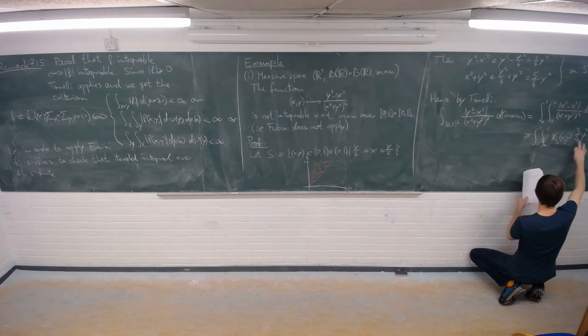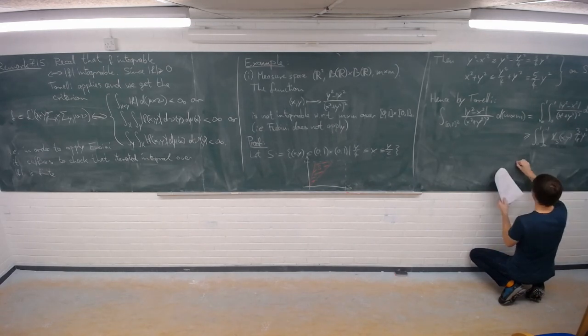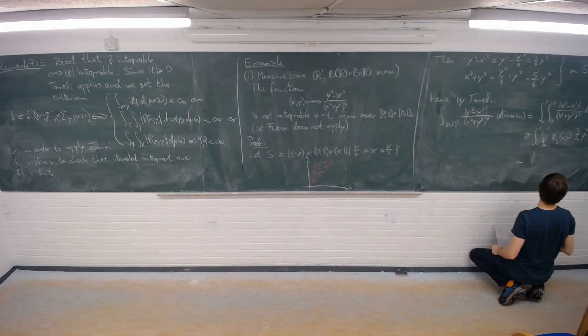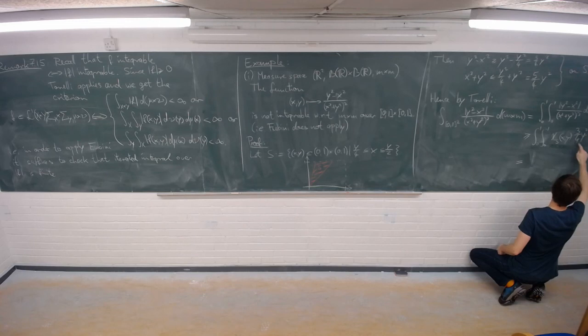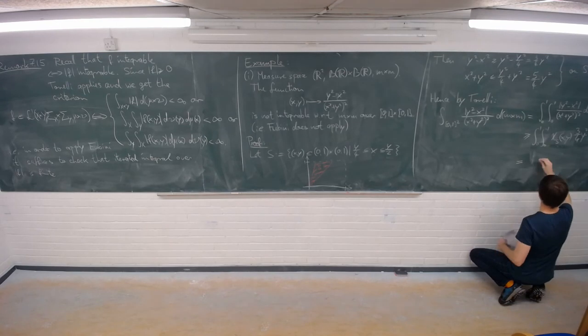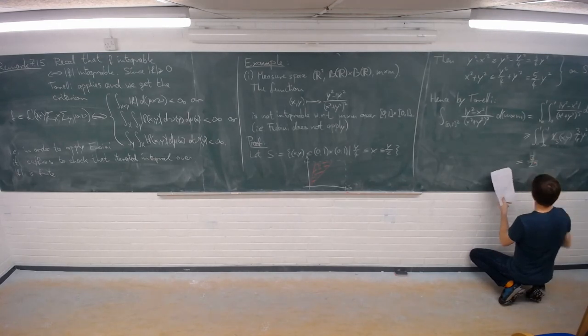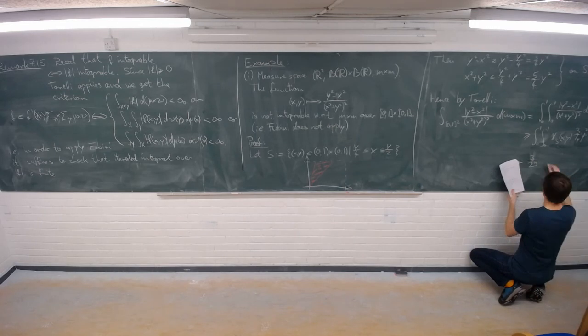Okay, and now this can be simplified, of course. So these numbers 3/4 and 5/4 to the power minus 2, if you just combine those, you get 3/25 just as a constant factor.